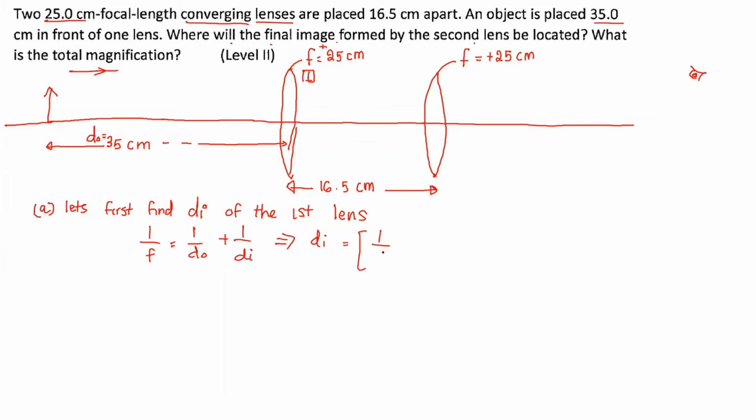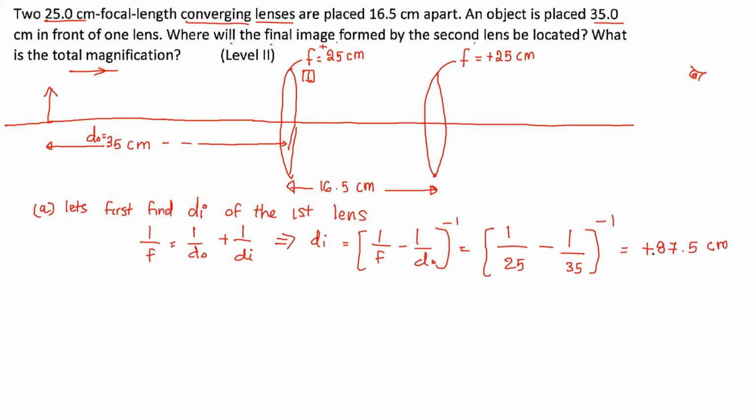Di is 1 over F minus 1 over D naught, inverse. So when we plug the values, F is positive 25, D naught is also positive, it is 35. And when you take the inverse, what do you get? You get plus 87.5.